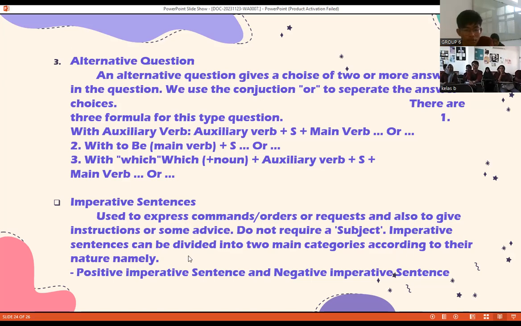Imperative sentences can be divided into two main categories according to their nature, namely positive and negative imperative sentences. The verb used in an imperative sentence should always be in the simple present tense. Imperative sentences end with a full stop or an exclamation mark. For example, close the door.